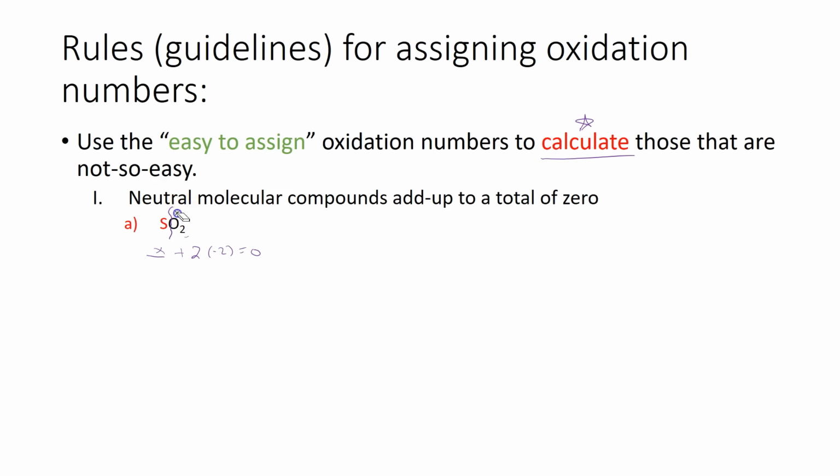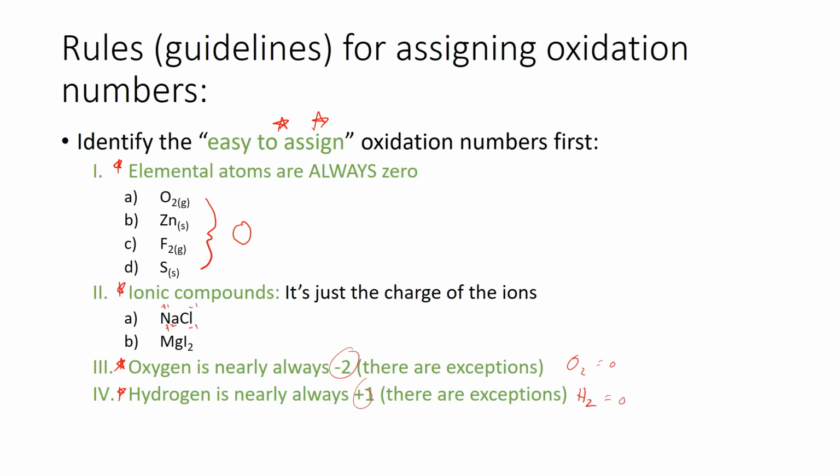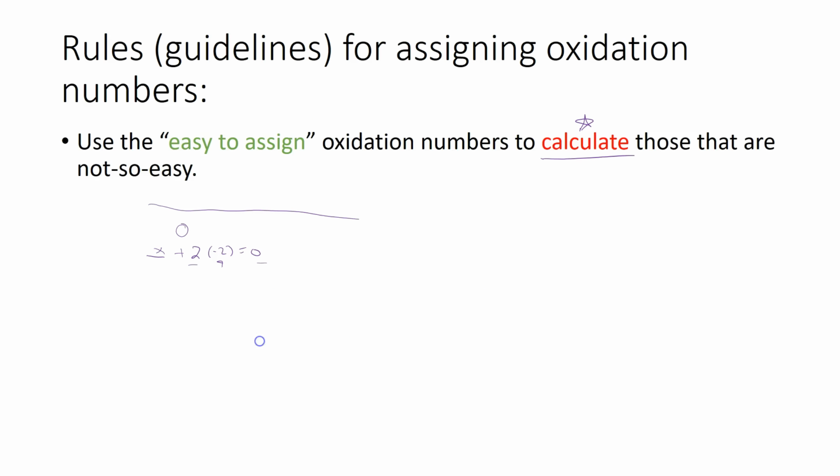Now I don't see an associated charge up here. That's where that 0 comes from. There's no charge attached to that molecule, so those need to add up to 0 because it's a neutral molecular compound. The 2 here comes from the fact that I have 2 oxygens. The -2 is from that rule we just learned: oxygen is nearly always -2, so we are making that assumption in this case.